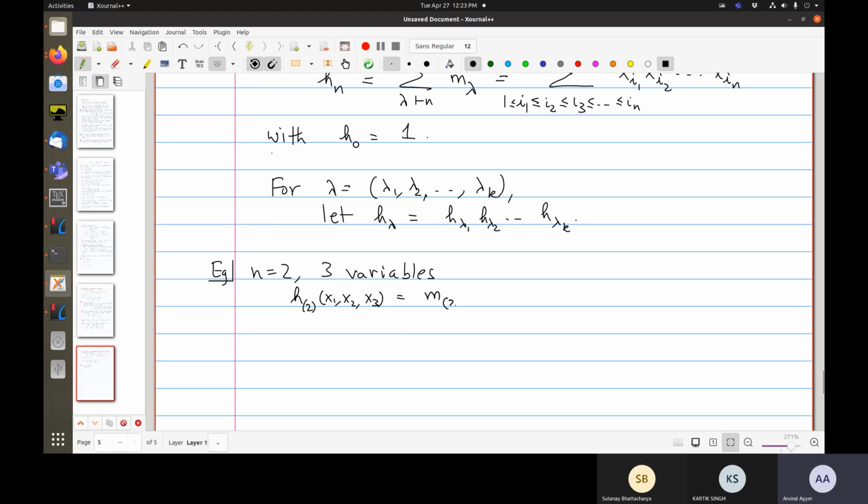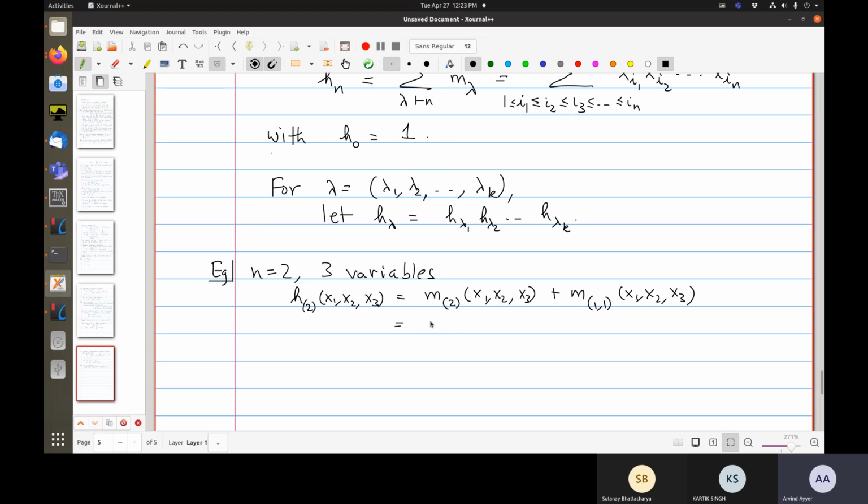is m of the partition 2 in x1, x2, x3 plus m of 1, 1 in x1, x2, x3, because h of 2 is just h2, from this definition. So I'm going to sum over all those guys. So you see the basis expansion already.